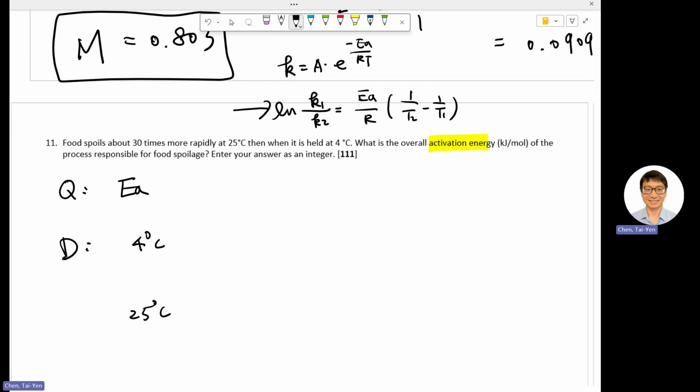How about your K2 and K1? How are you going to write that? Which one is faster, 4 degrees C or 25 degrees C? 25 degrees C, right? So you can say I have K1 at 4 degrees C. How am I going to write the K for the 25 degrees C?